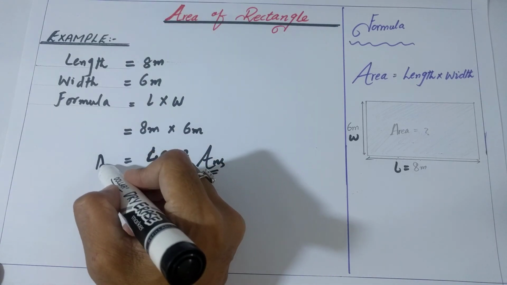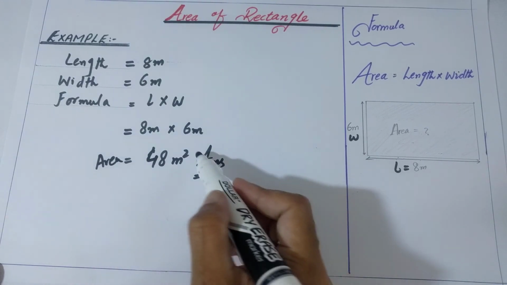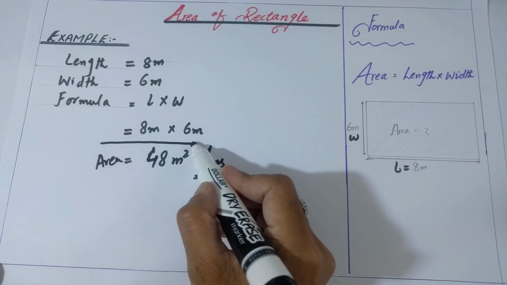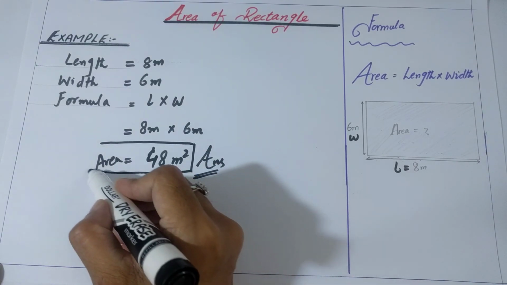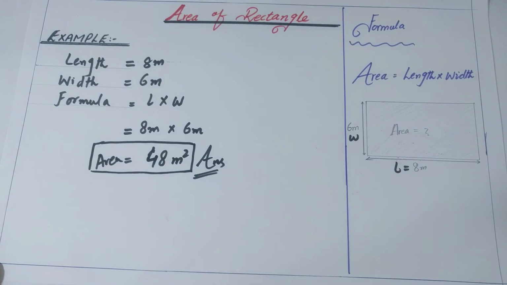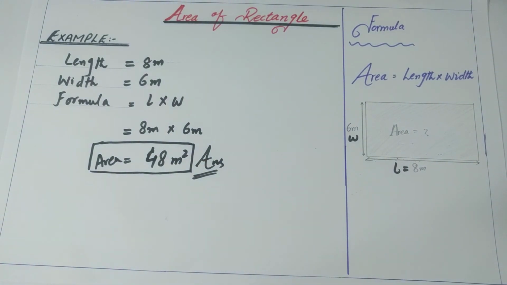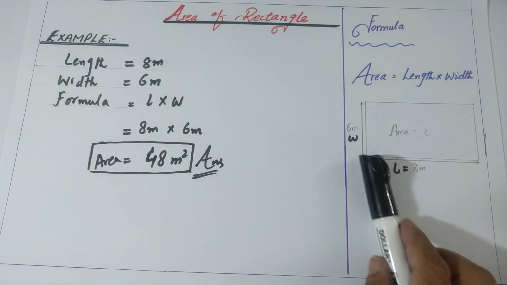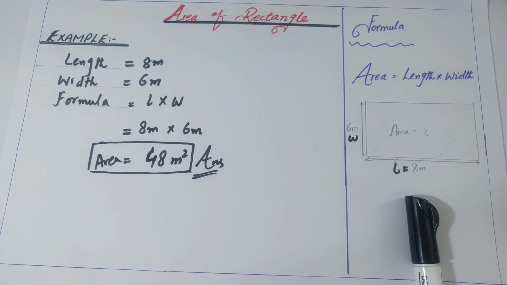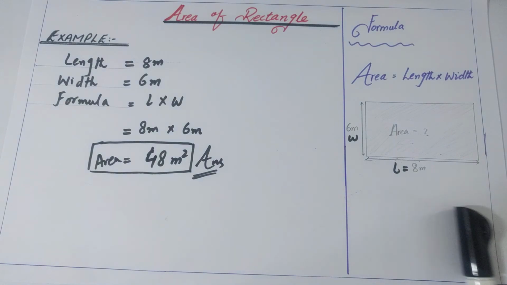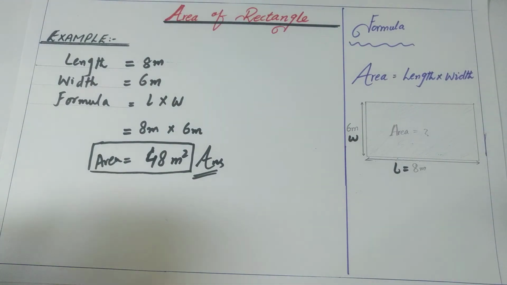So the area of the rectangle is 48 meter square. Very easy and very simple. Just you should know the length and width of the given rectangle, then multiply the length by width and you can easily calculate the area of the rectangle.